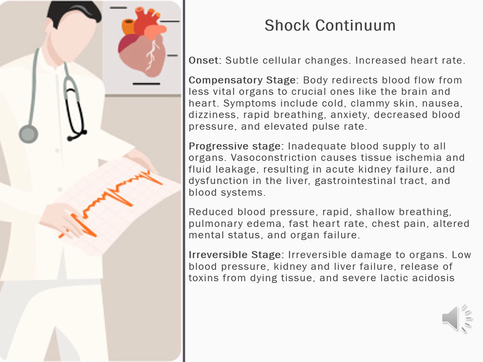During the progressive stage of shock, symptoms intensify, noted by decreased blood pressure with rapid pulse rate, rapid and shallow breathing, fluid leaks from pulmonary capillaries causing severe lung edema, which is acute respiratory distress, rapid heart rate, sometimes reaching up to 150 beats per minute, chest pain, mental status changes and confusion. Renal, hepatic, gastrointestinal, and hematologic systems start to fail.